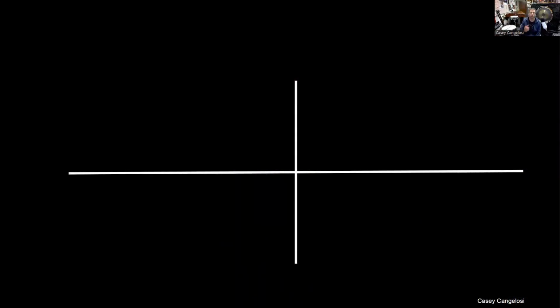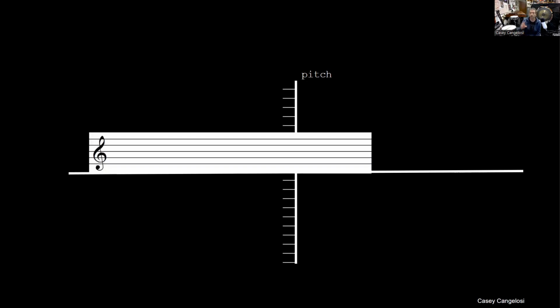So I like to think of musical notation kind of on a y and x axis. The y axis deals with pitch, and you can think of little lines of measurement just like a ruler going up and down. You can imagine this is everything we can hear, from the highest pitch down to the lowest pitch. We move around these increments of measurement with our clefs and staff lines.